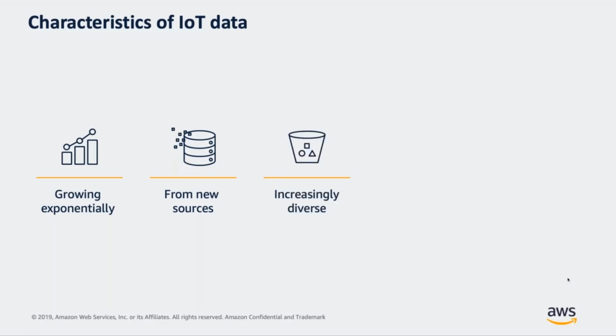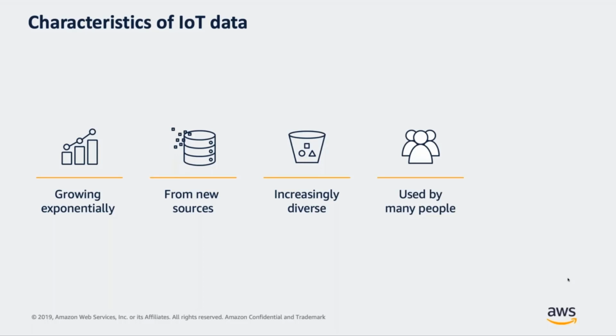And whenever there is a different type of sensor or different type of reading being captured, it tends to diversify the type of data being captured. Some data is being sent in plain text format, still others in binary format, compressed format. There is a plethora of different formats, and the data is increasingly becoming diverse.